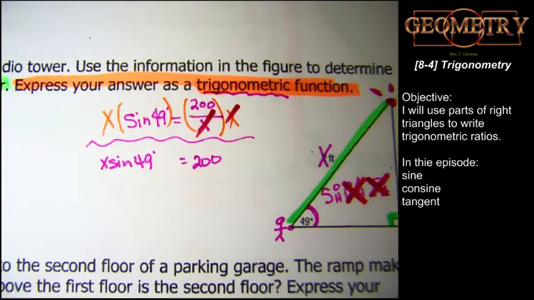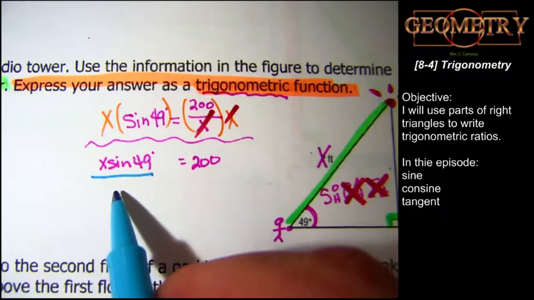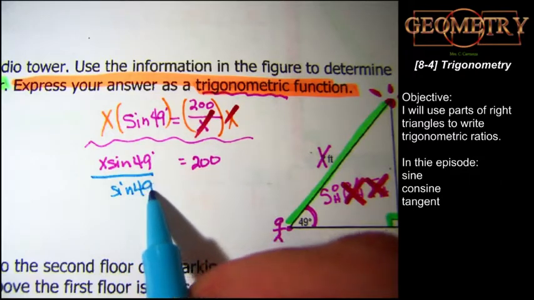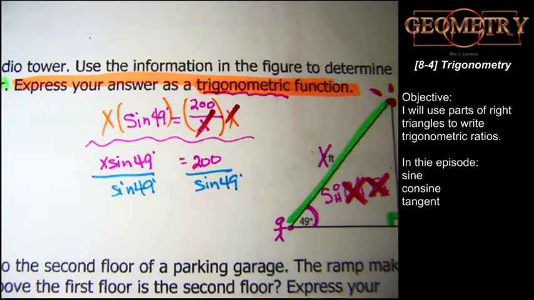The sine of 49. How do I get rid of the sine of 49? What's happening between x and sine of 49? Multiplication. How do you undo multiplication? So what should I divide by? The sine of 49. Again, we still haven't done any calculator work yet, because we're trying to preserve that word sine. The moment we go to the calculator and push the button sine 49, it turns it into a decimal number, and the function, that word sine, is gone.